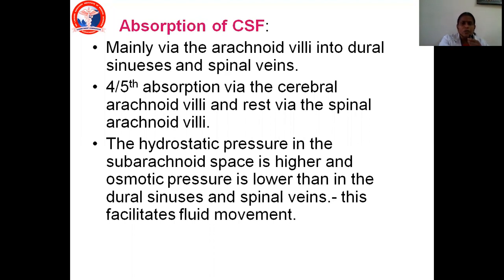The hydrostatic pressure in the subarachnoid space is higher and osmotic pressure is lower, because the cerebrospinal fluid contains less protein. So osmotic pressure is lower than in the dural sinuses and the spinal veins. Because of this, it facilitates the fluid movement.